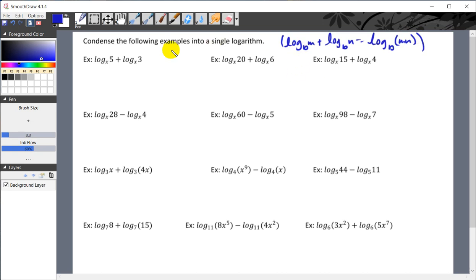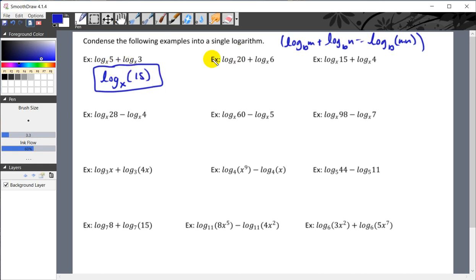So as long as the bases are the same, you just multiply the insides. Okay, so what is 5 times 3? Well, 5 times 3 is 15.